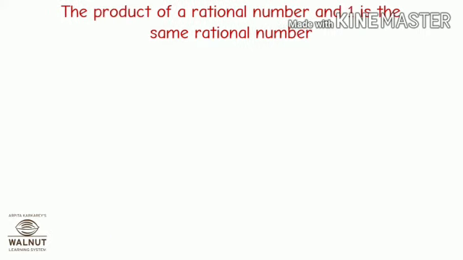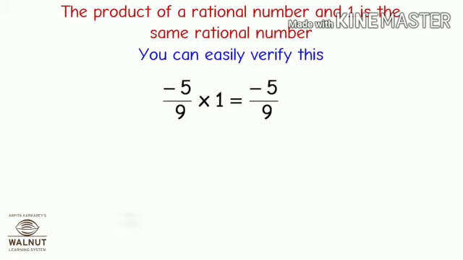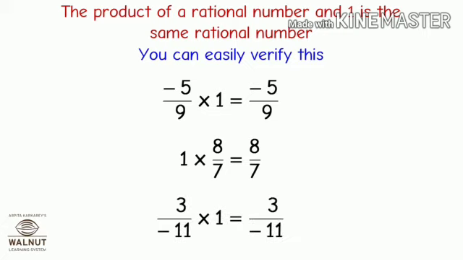Now let's see the product of a rational number and 1. You can easily verify this. 5/9 × 1 is equal to what? 5/9. 1 × 8/7 is equal to 8/7. 3/(-11) × 1 is equal to the same, 3/(-11).